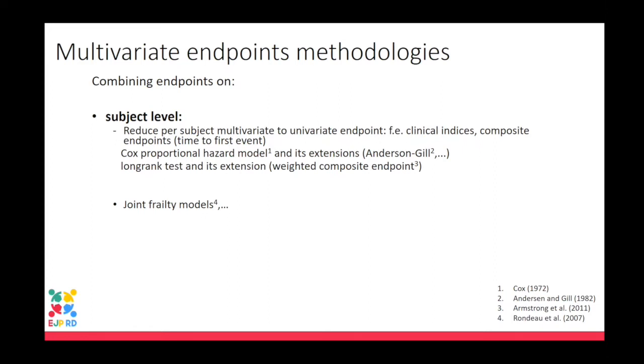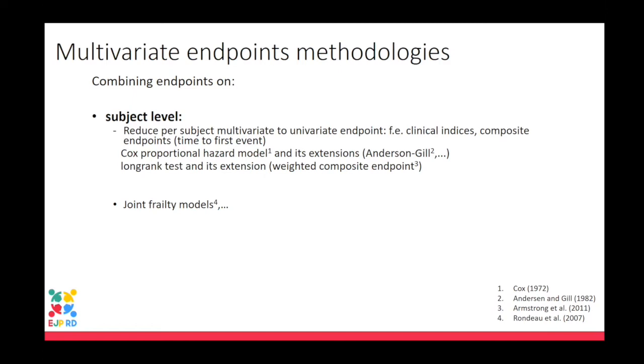Another one, which is quite often used again in cardiology and oncology, is what we call composite endpoints, where we have multiple times to events. Survival data, for example mortality, myocardial infarction, hospitalization, those are all survival data, time to a certain event.